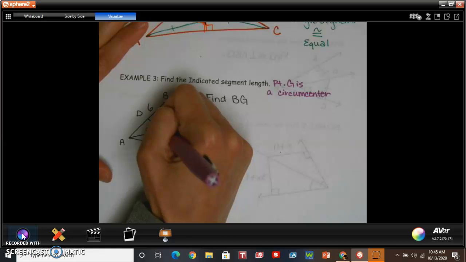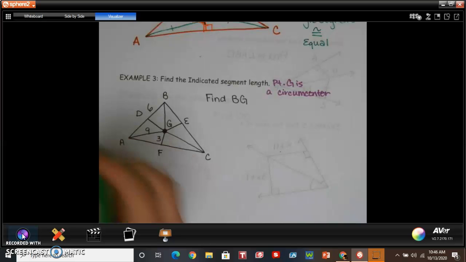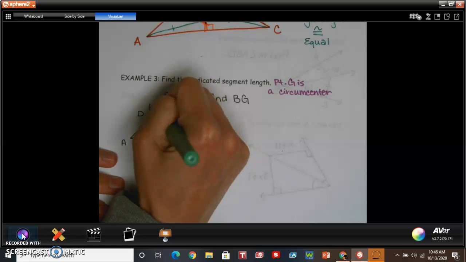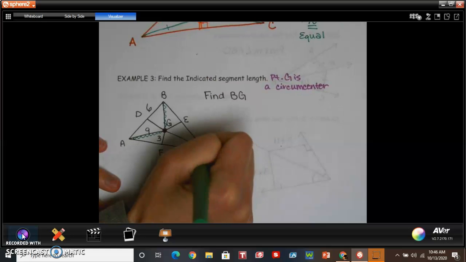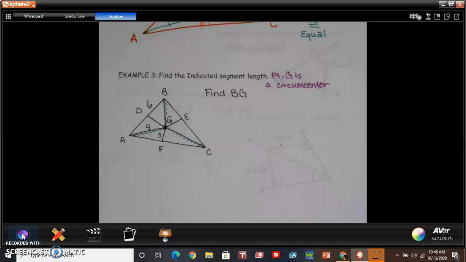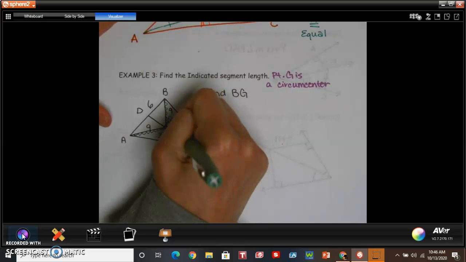So if G is my circumcenter, I want to go ahead and identify my angle segments, the ones going to the angles. So that would be AG, BG, and CG. And next thing I want to see is, do I know what one of them is already? Yes, I know AG is 9. Well, if AG is 9, what can you tell me about all the other green segments I have here? They are also 9. This is 9, and this is 9.